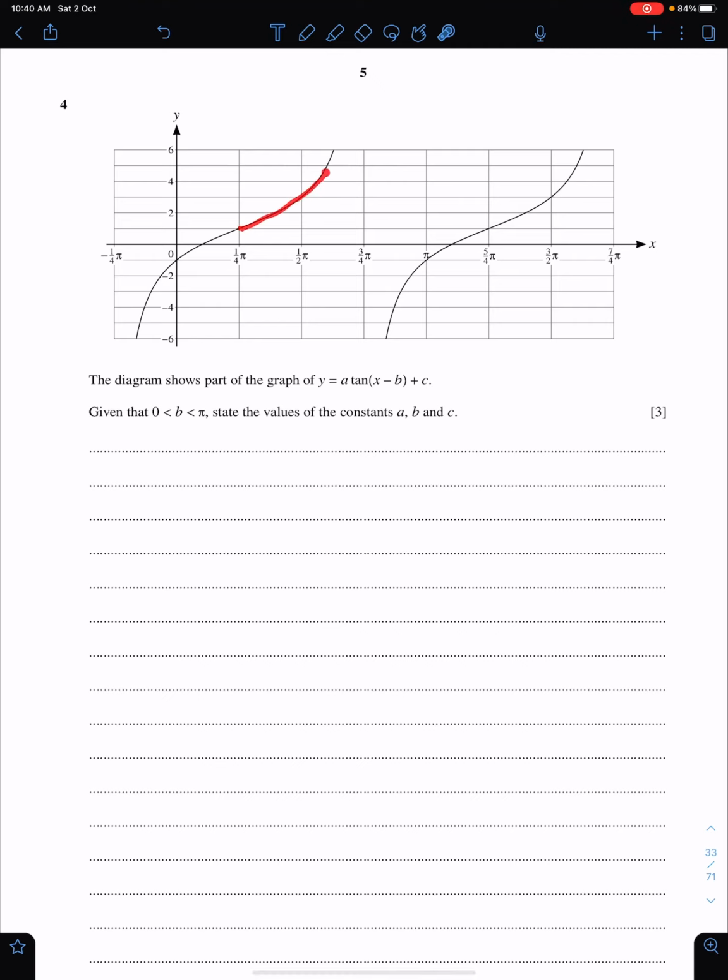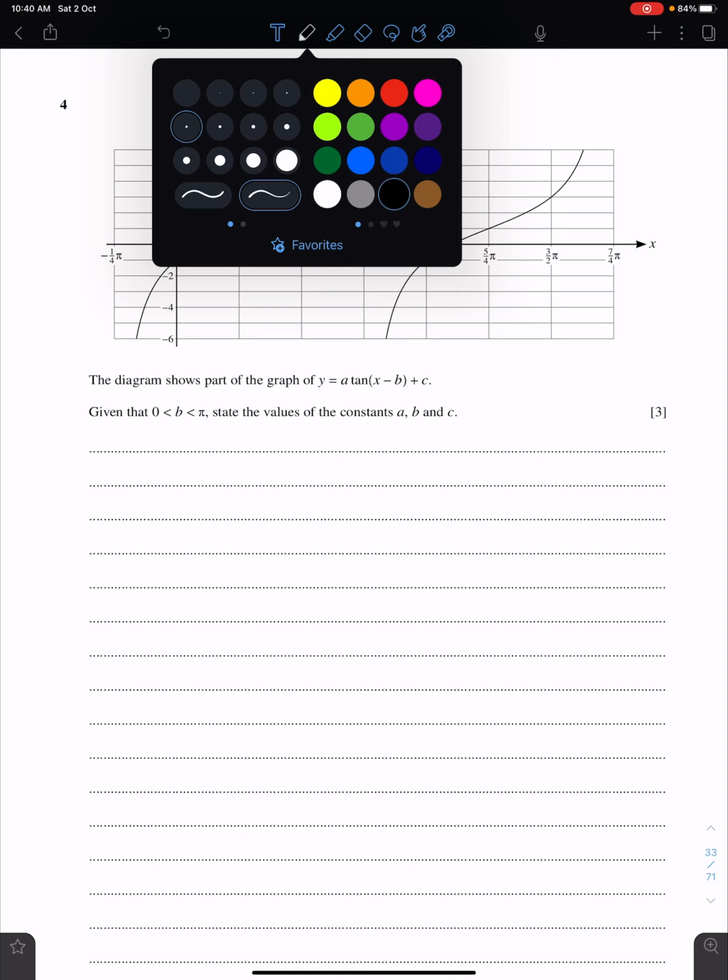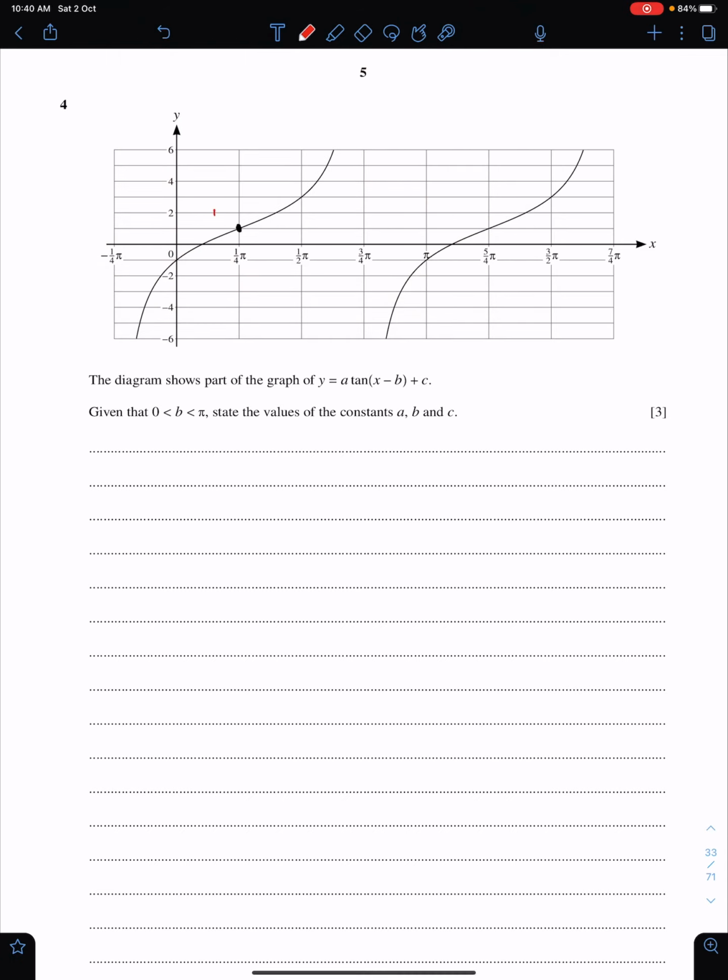See, this is the first part of the graph of normal tan x. So this graph is starting from pi by 4. And this graph is also starting from 1. This point has coordinates pi by 4 and 1.